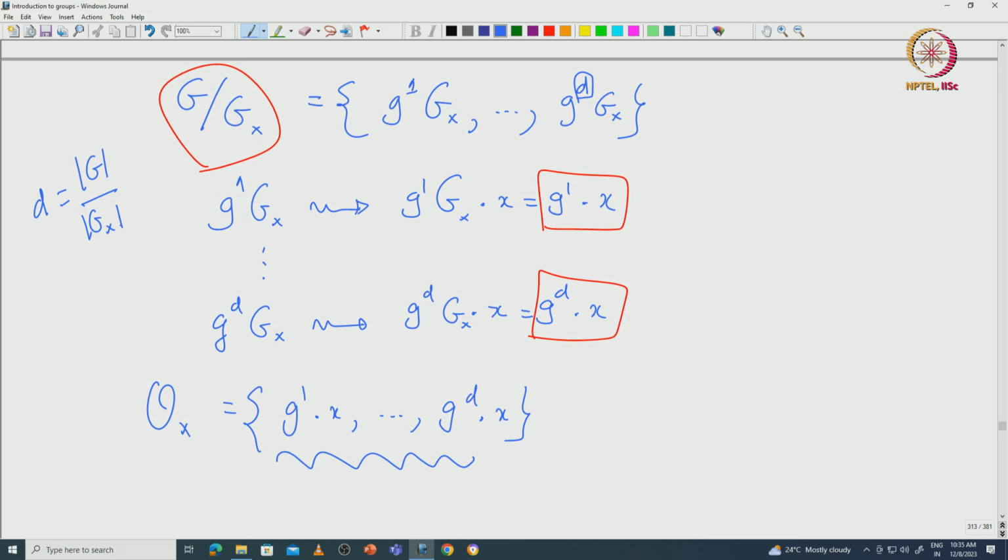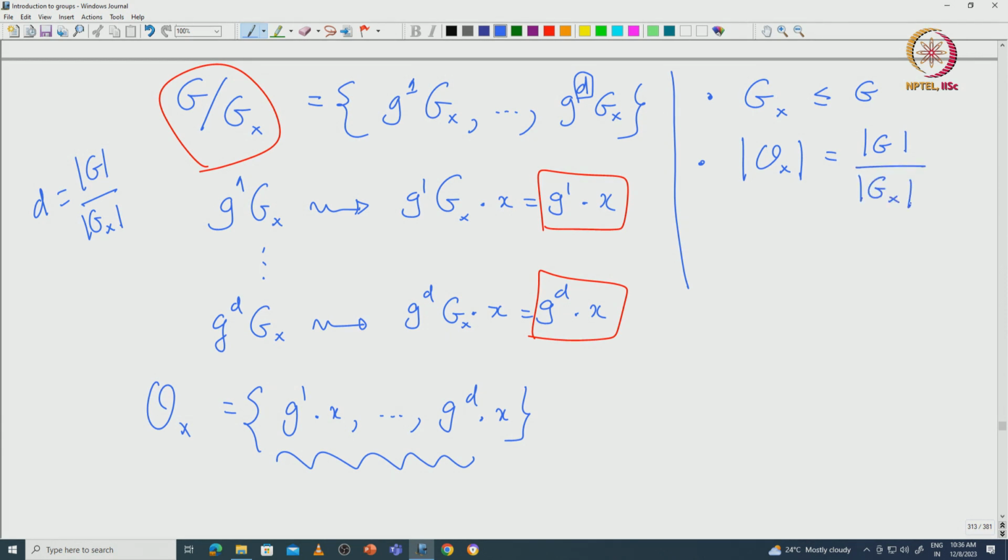So we indeed prove the following. We prove that Gx is indeed a subgroup of G, and then the counting that I specified now exhausts Ox, and it is the exact count of Ox. That means the cardinality of Ox is exactly equal to the cardinality of G divided by the cardinality of Gx.